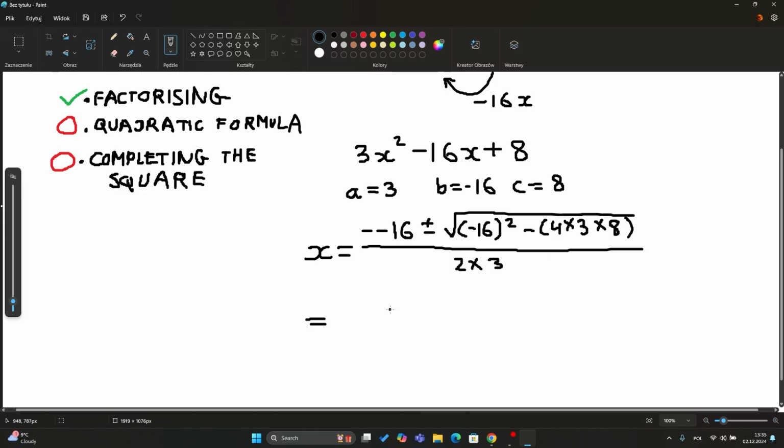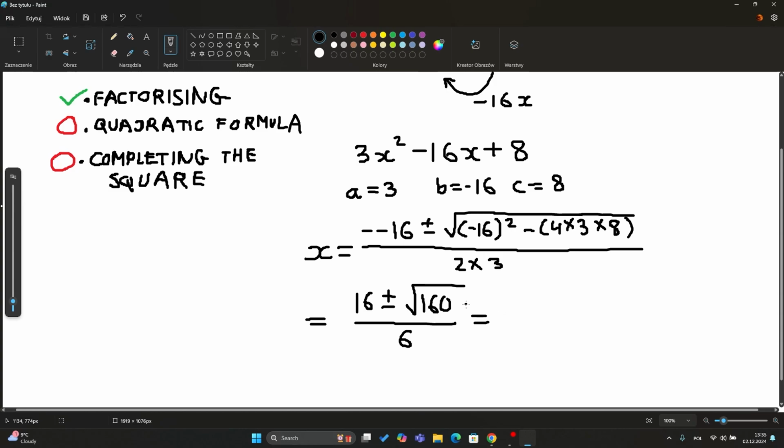We can use our calculator to work out what's inside the square root. So minus 16 squared minus 4 times 3 times 8 is going to give 16 plus minus square root of 160 over 6.